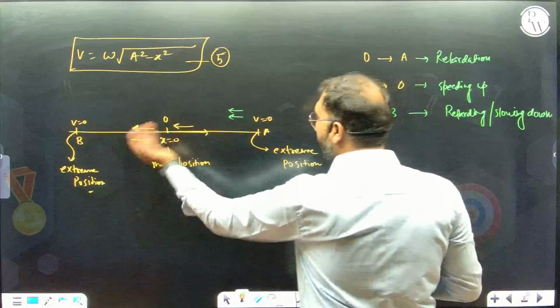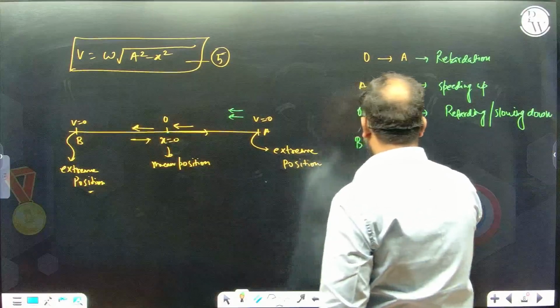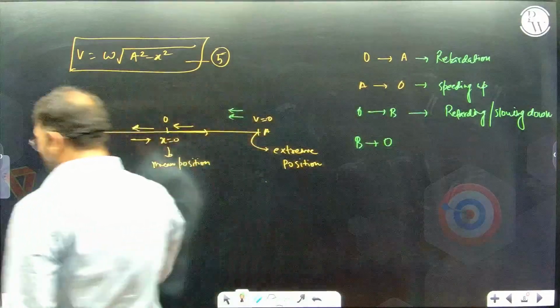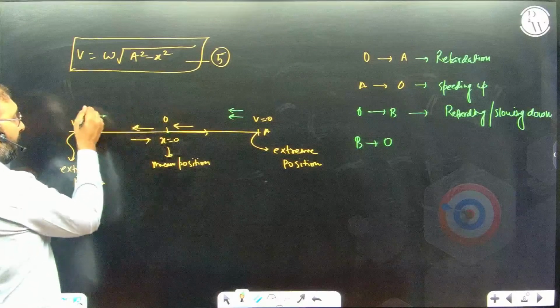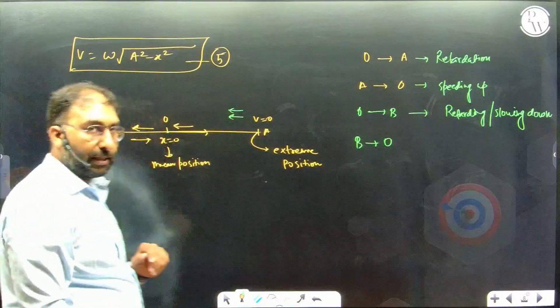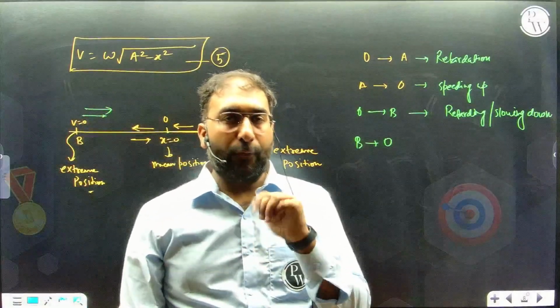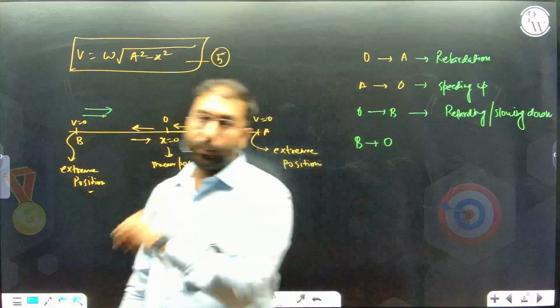And while coming from B to O, you can see the directions. When the particle is moving from B to O, this is the direction in which the particle is traveling, and this is the direction in which the force is acting. Because I told you earlier that force is always acting toward the mean position. Do remember that.